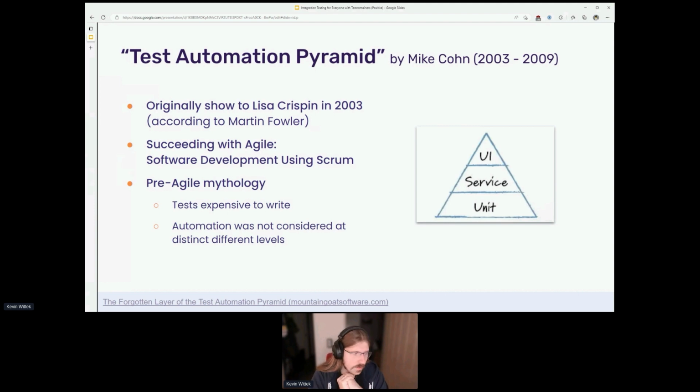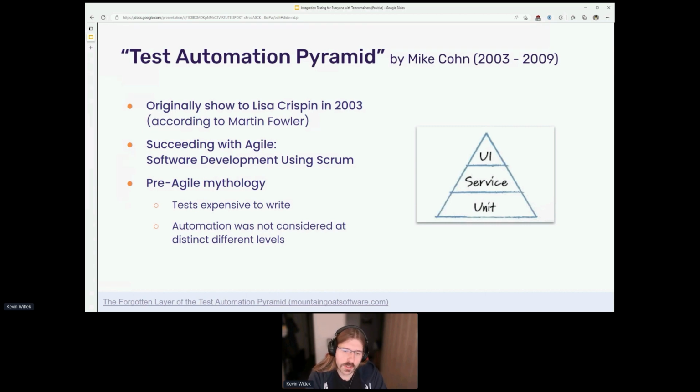Now, the important thing about why this was a nice metaphor at this time was that it is a time where people try to push those agile methodologies of writing tests and increasing also the technical quality of your work. And before we had that push from the agile community, there was the narrative in the industry, maybe also in management, that tests tend to be expensive to write.